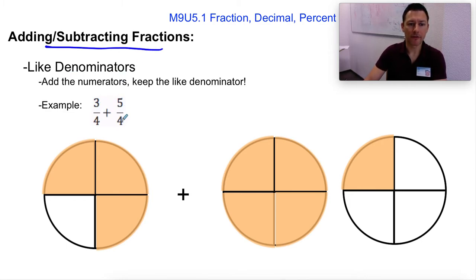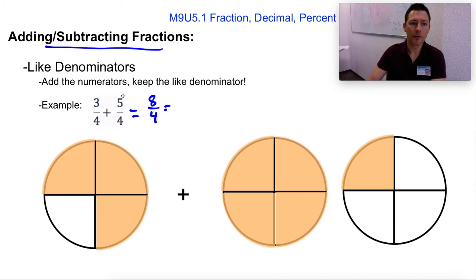So 3/4 and 5/4 is easy to add because they have common denominators. Here's 1, 2, 3 quarters of a pizza, and here's 1, 2, 3, 4, 5 quarters of a pizza. So you're adding like things. I have 3 ducks and 5 ducks, so really you have 8 ducks.